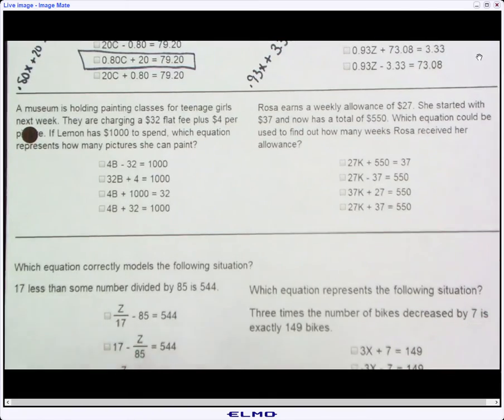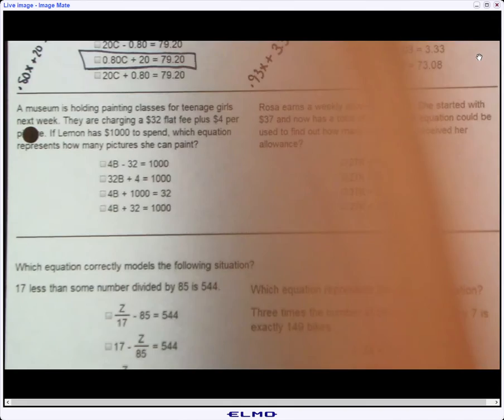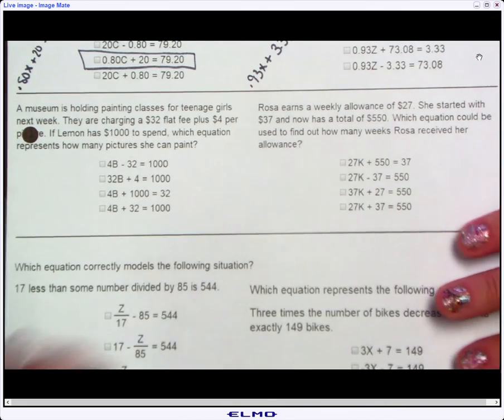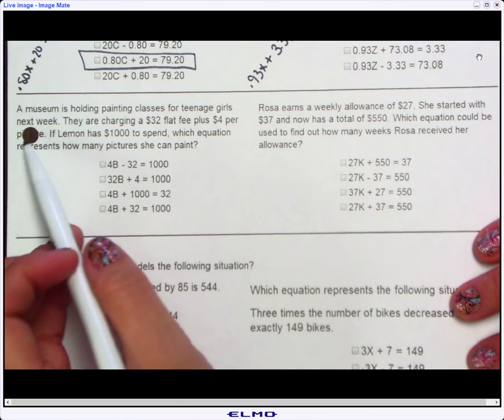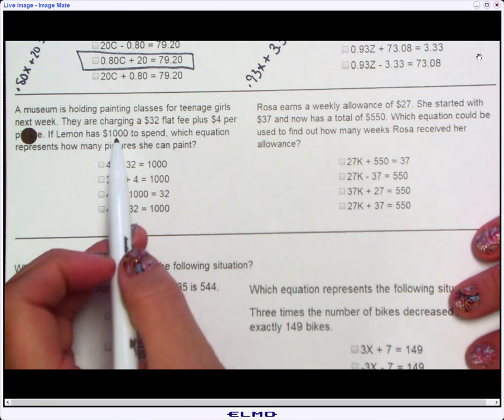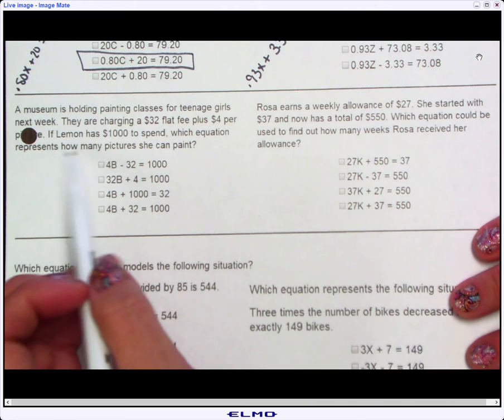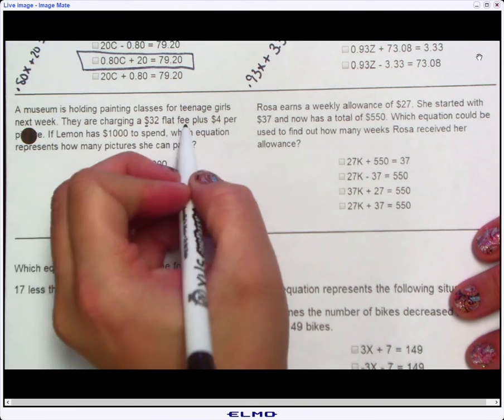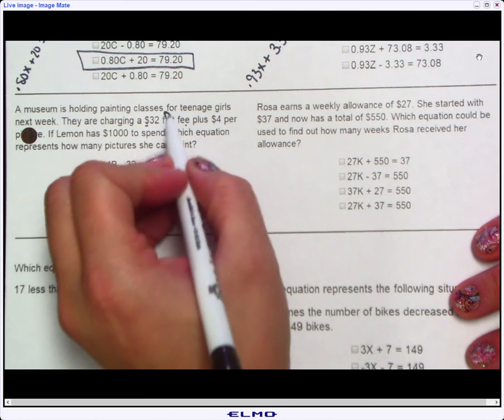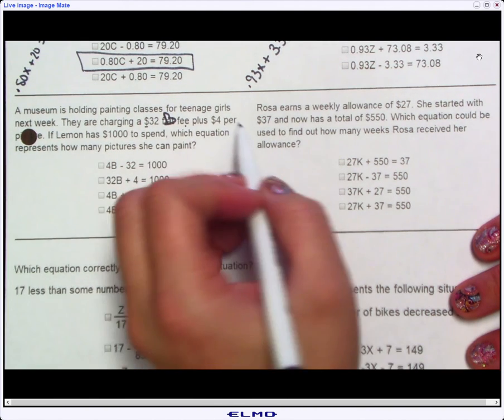A museum is holding painting classes for teenage girls next week. They're charging a $32 flat fee plus $4 per picture. If Lemon has $1,000 to spend, which equation represents how many pictures she can paint? So $32 flat fee right there. That's my base number. 4 per painting.